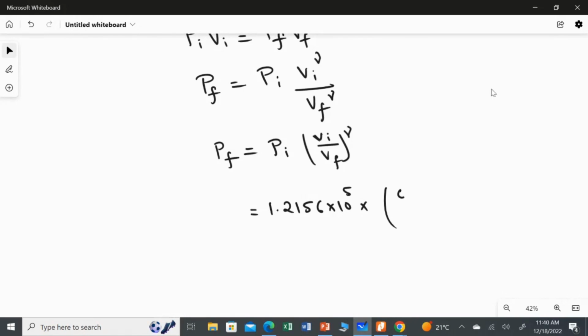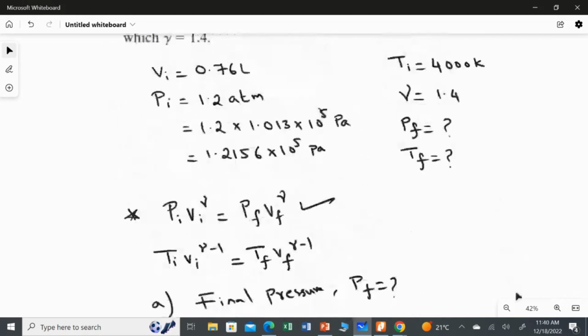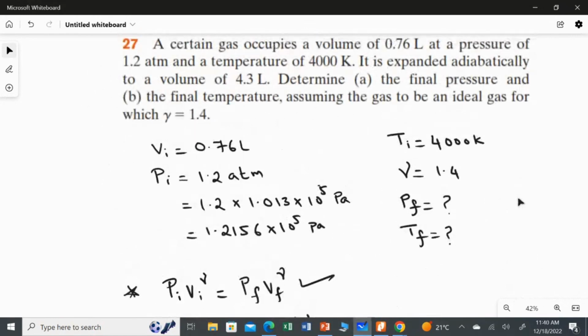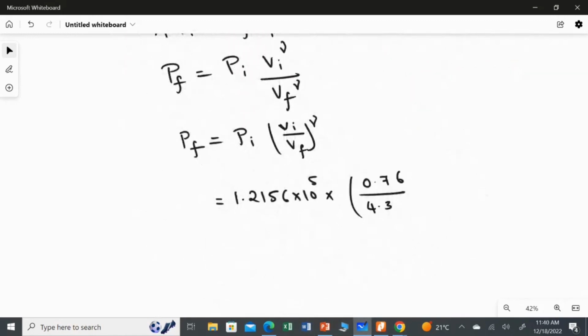Our Vi here they mention as 0.76, and Vf is 4.3. Let me have a look one more time. I forgot to write the Vf value here, so let me write it. The Vf value they mention as 4.3 liter, and Vi is 0.76 liter. So I'm going to substitute the values now. And the gamma value they mentioned here is 1.4.